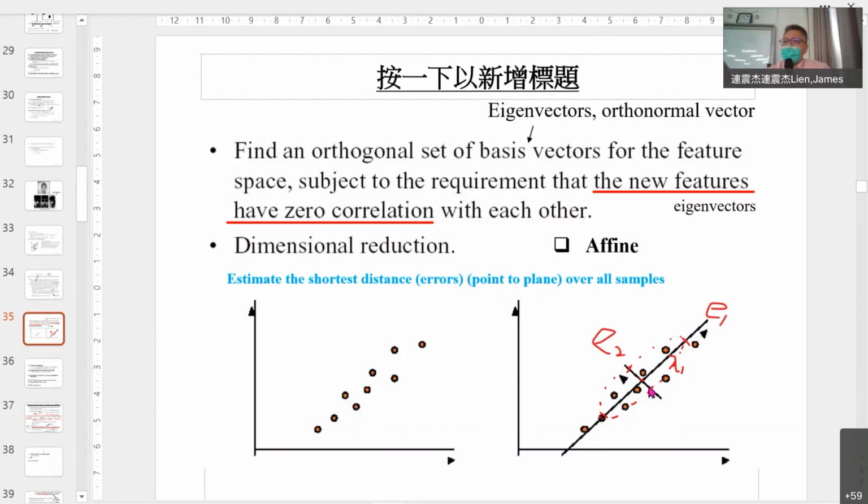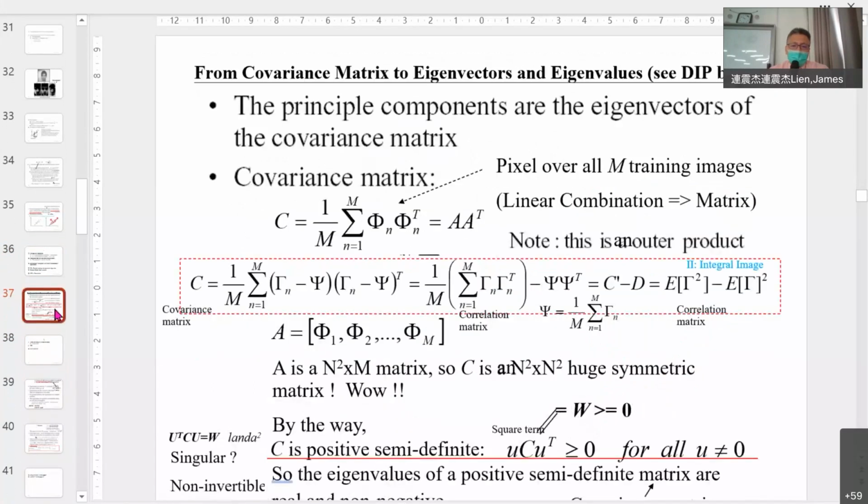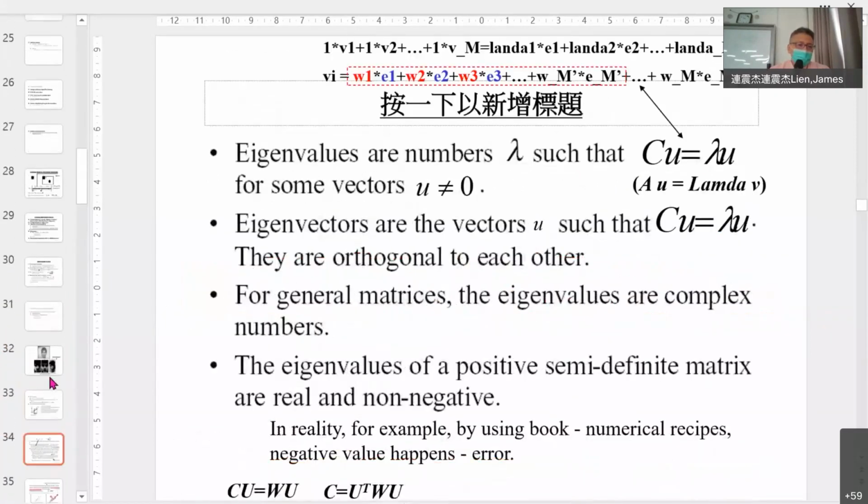With eigenvector 2, you can separate probably another 20%, and eigenvector 3 will be 10%. So you keep doing this kind of separation, and finally you can separate to individual persons. That's eigen PCA. Okay, next we start the mathematics.